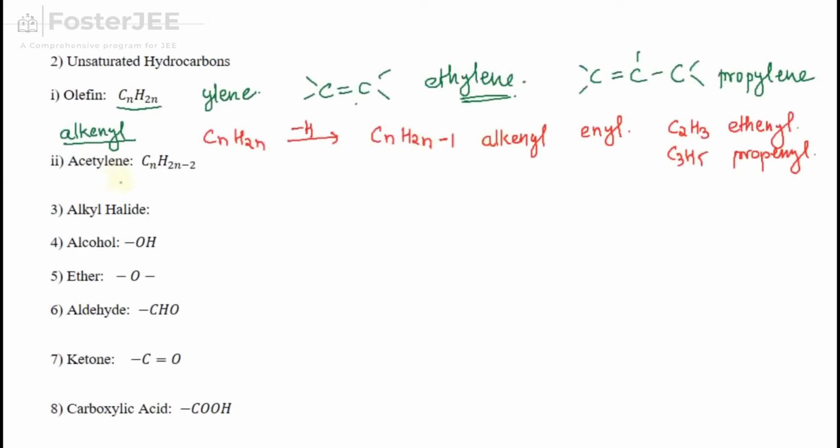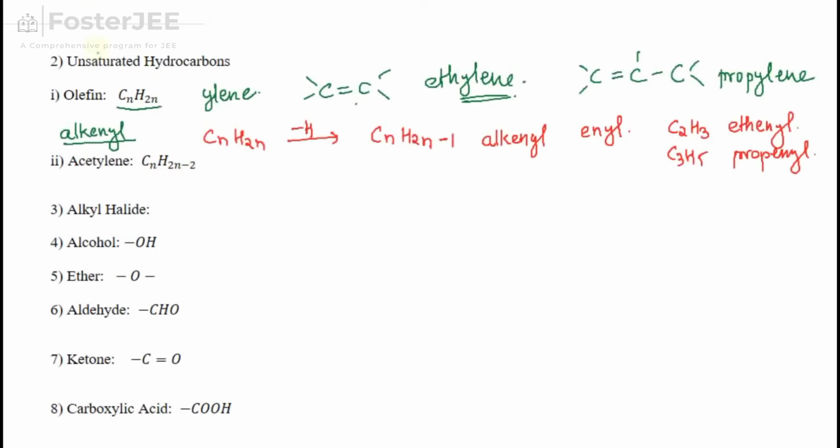Now, moving to the acetylene group. Here, acetylene compounds are the compounds having triple bond. So, here 4 hydrogen less than the paraffin compounds. That is why the general formula is CnH2n-2.